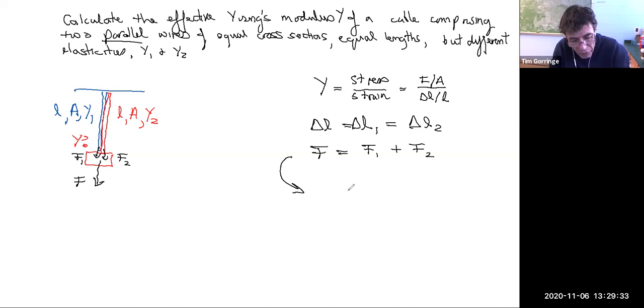So I can rewrite the force on the left-hand wire, that's F1, in terms of its Young's modulus and area and length and elongation. If I substitute for the force on the left-hand wire in terms of the area, the length, the elongation, and the Young's modulus of the wire, I'm going to get the following.